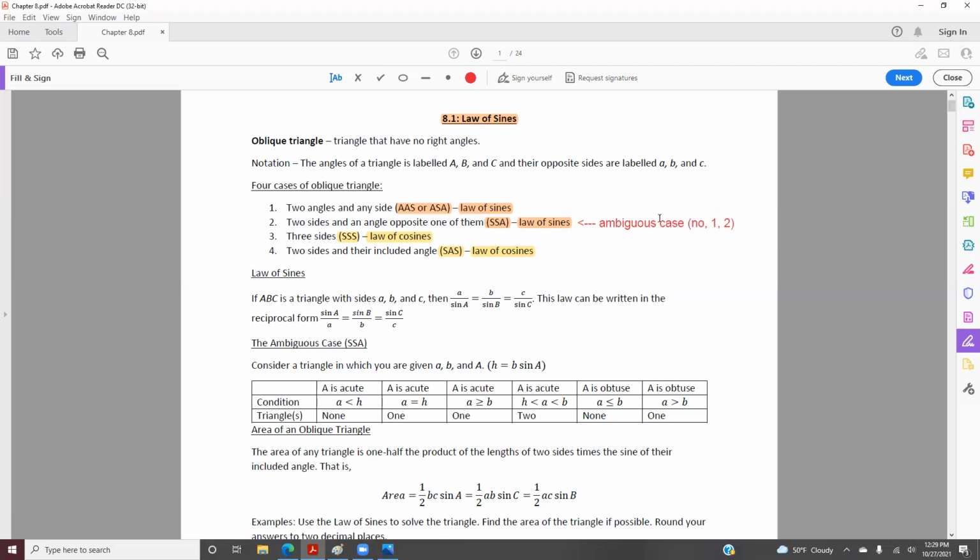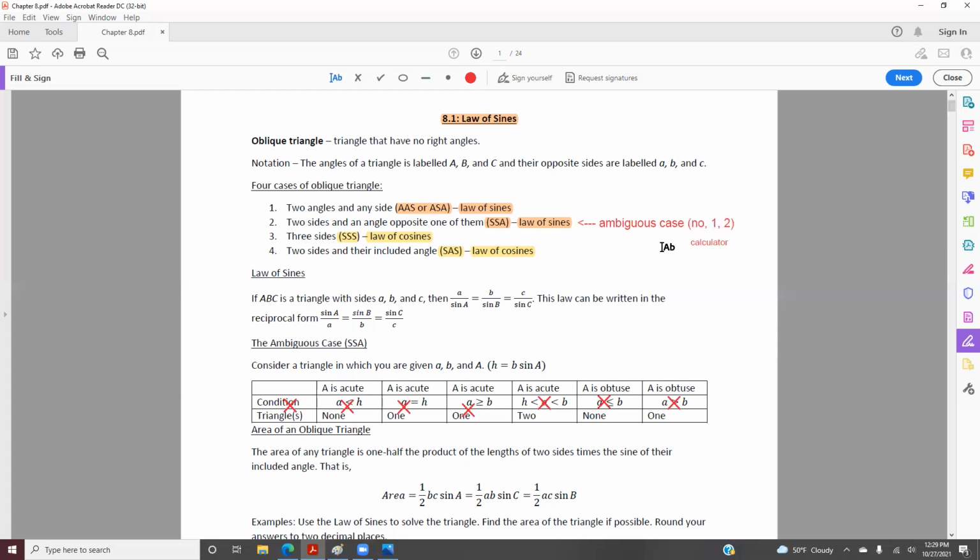I'll show you how we figure out whether there are none, one, or two. You do not need to use this formula, but I will teach you how to do it, and you have to use your calculator.